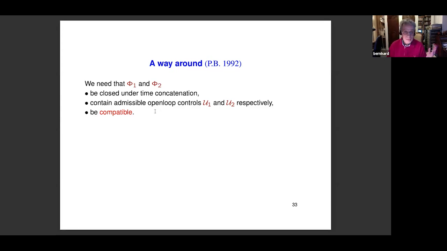And of course, the difficult point is that you want them to be compatible in the sense that if you pick any strategy in phi 1 and any strategy in phi 2, the differential equation has a solution when it is driven by these two strategies. And the payoff is defined.